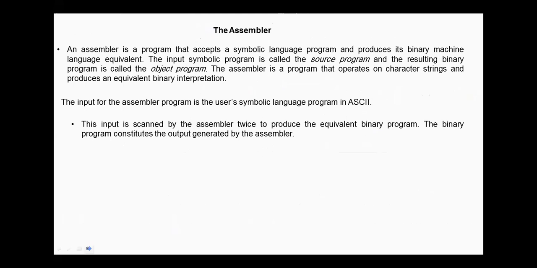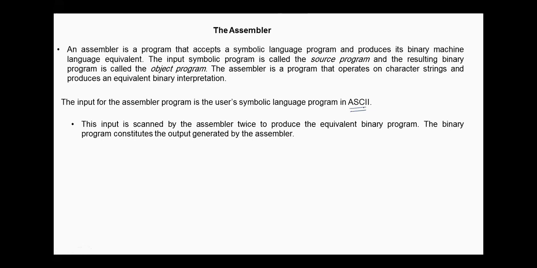Again, an assembler is a program that accepts a symbolic language program and produces its binary machine language equivalent. The input symbolic program is called the source program, and the resulting binary program is called the object program. The input for the assembler program is the user source program, represented in ASCII code.